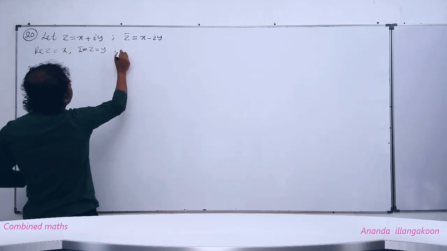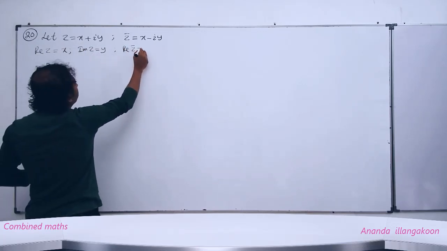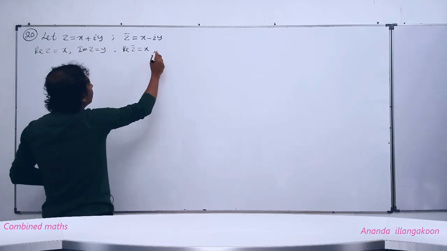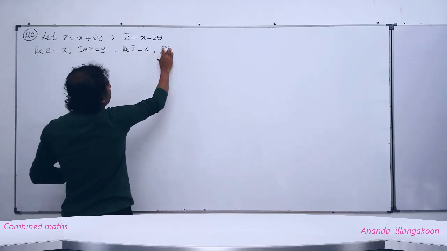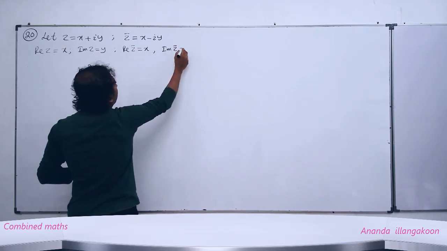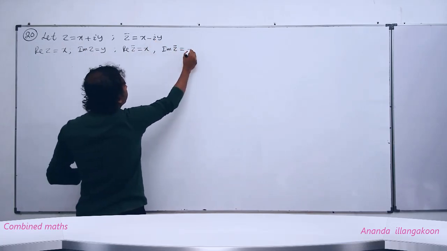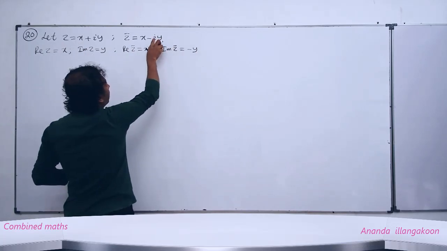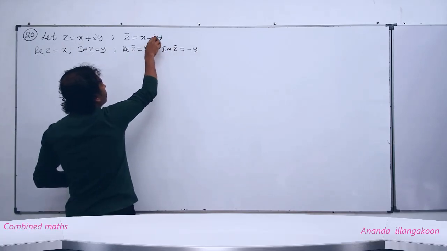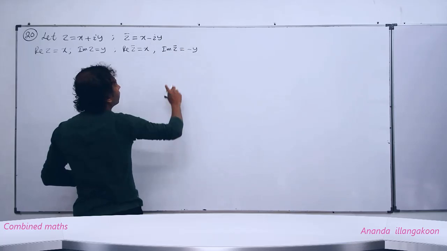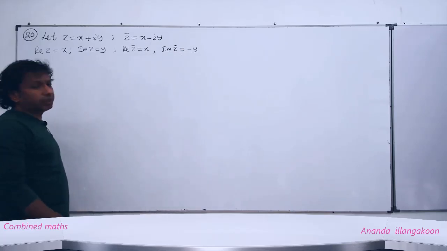Here, real part of Z bar is x, imaginary part of Z bar is, people, minus y. Yeah? We have taken this i before, include this minus sign with y, minus y. I means imaginary part of Z bar is minus y.